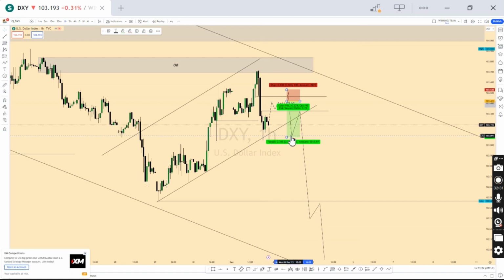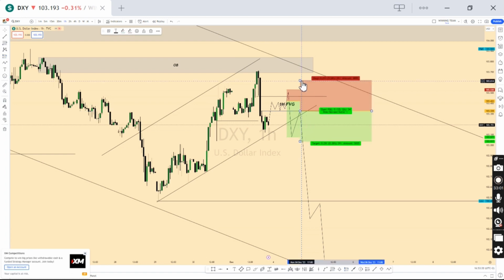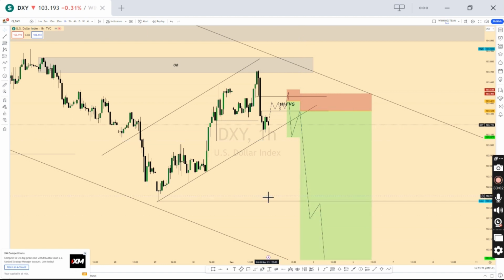Okay, which means that we're going to have a break of structure, and then after that we can go and have our real trade where we're going to be testing the outside of that fair value gap. Okay, that's when we're going to be taking our OTE, and then we're going to have our stop loss there, and then we're just going to take that trade all the way down, just like that.